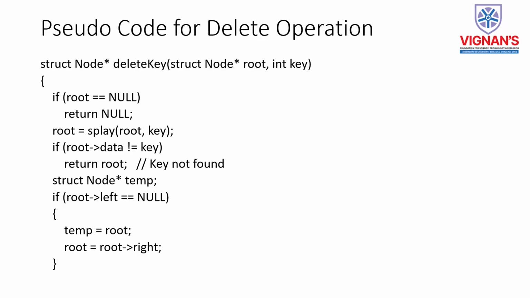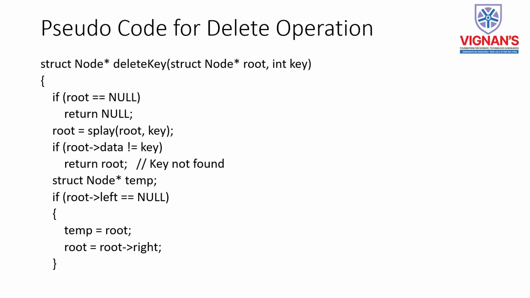Step 4. Now we check if root data is not equal to key. That means the key is not found in the tree, so we just return root without deleting anything. Step 5. If the key is found, we create a pointer called temp. This will be used to temporarily store the node we are deleting. Step 6.